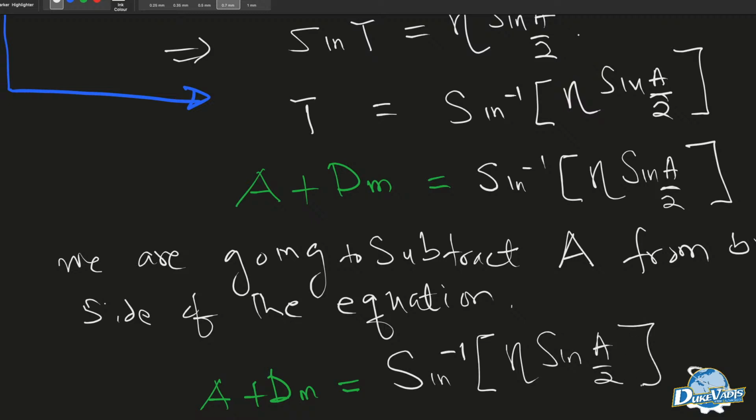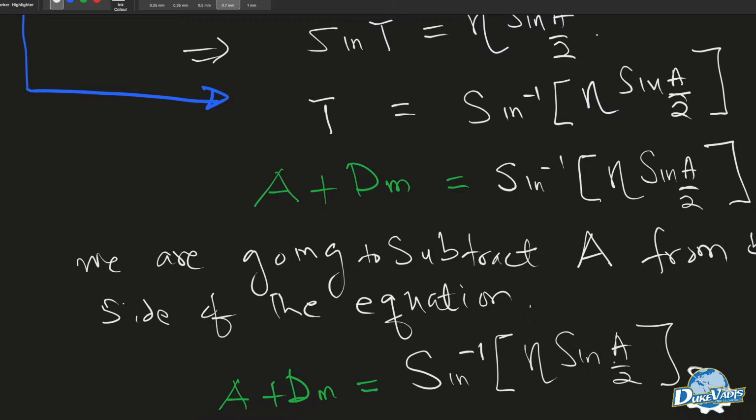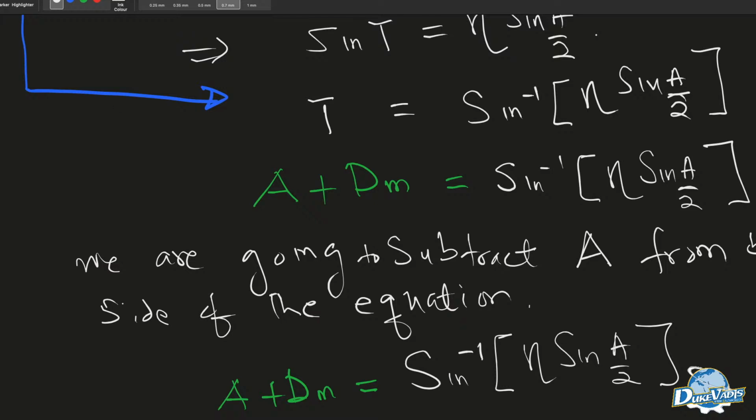So we are going to subtract A from both sides. And we know that in maths, what you do to the left hand side, you do to the right hand side. Let me push this one backward a bit for us to understand what I'm trying to say. We have A plus D M equal to the equation over here, so we subtract A from here and A from here.